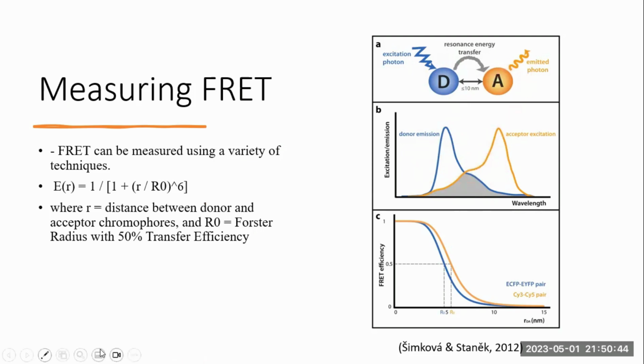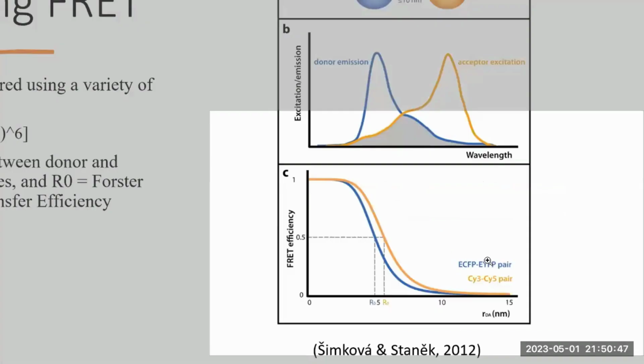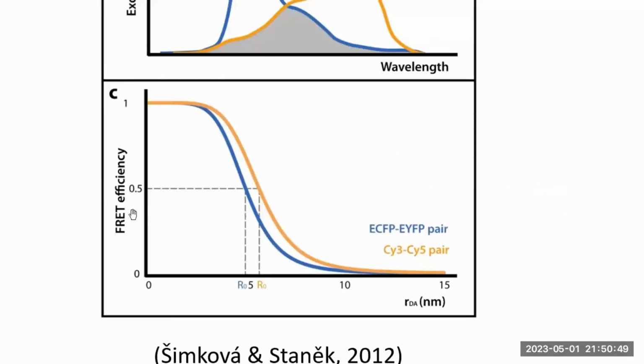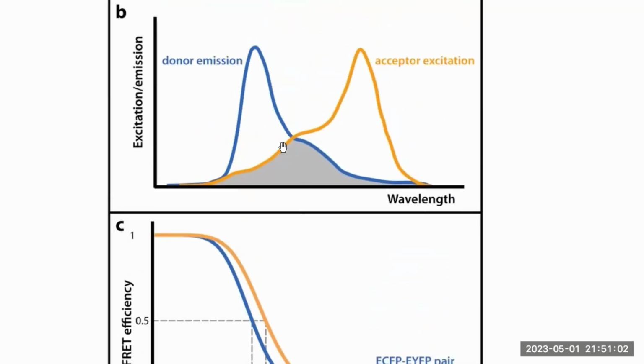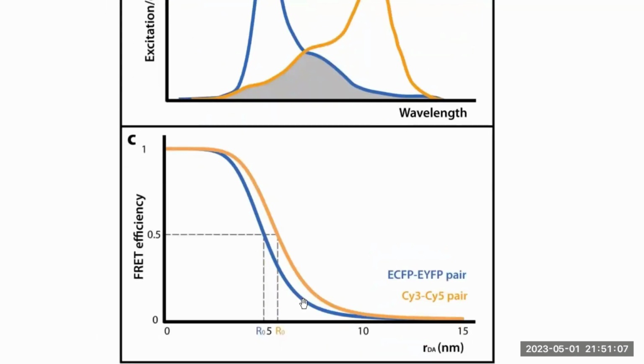As you can see here in the third part, part C of our graph, the FRET efficiency, we can see this small valley in between the orange and the blue molecule. That valley is the overlap between these two molecules.